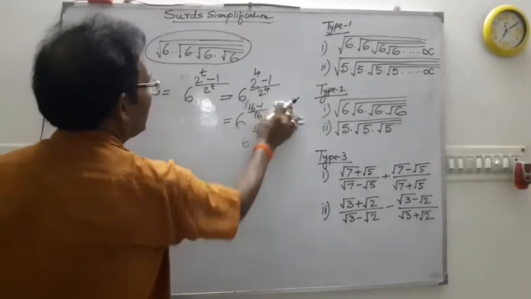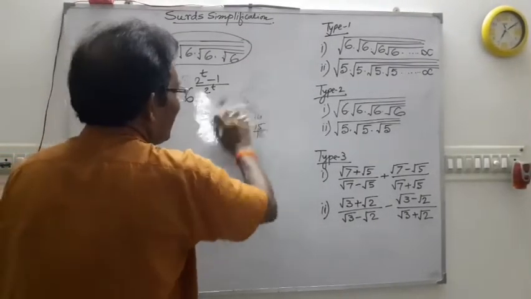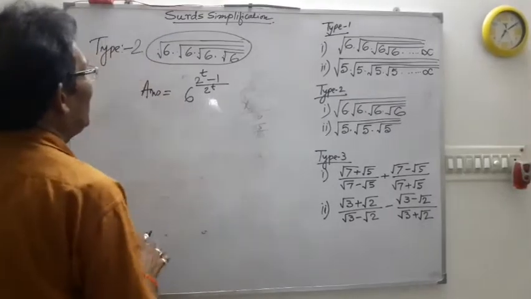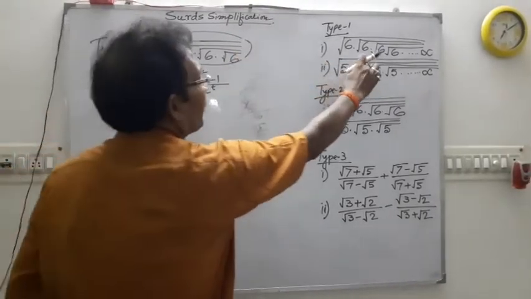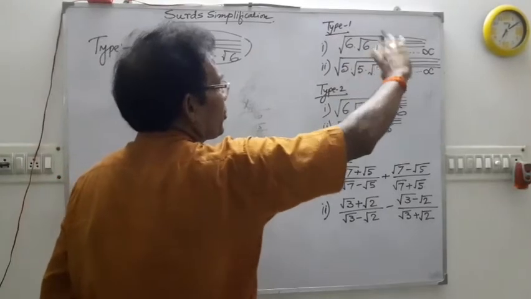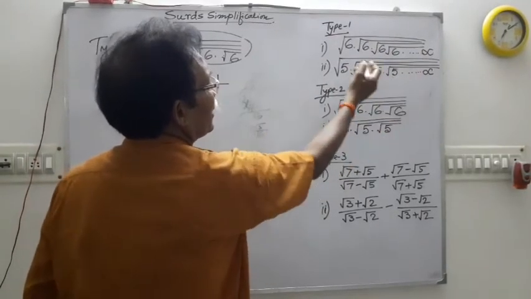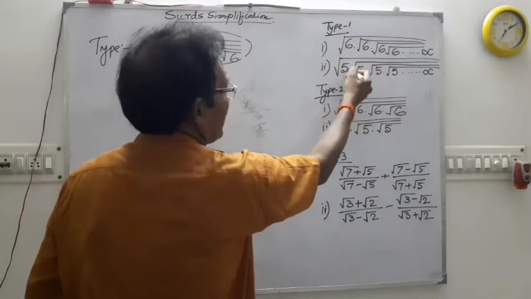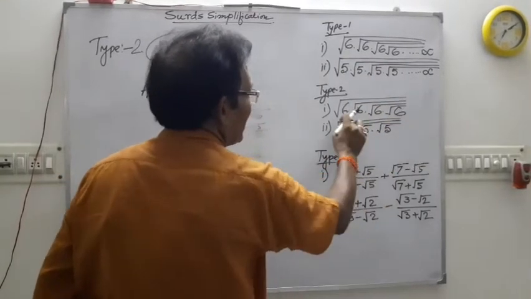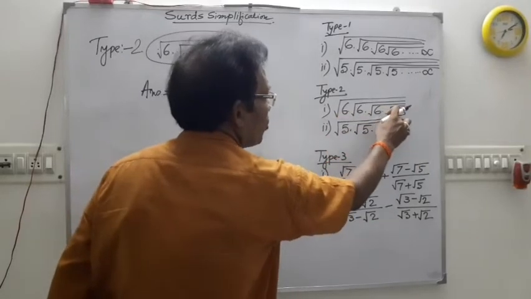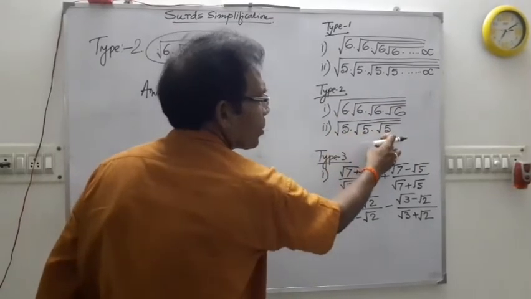Again, I repeat. What is the tricky method? In type 1 it was continuation, so the answer was 6, and the answer was 5. But in type 2, there is an ending, that is 4 times root, 3 times root.